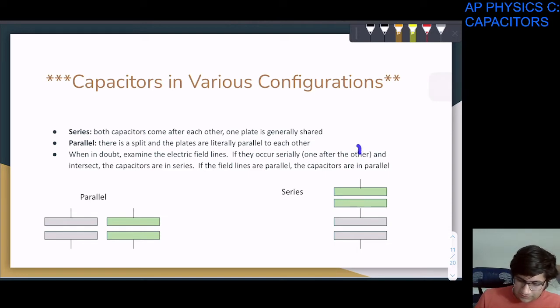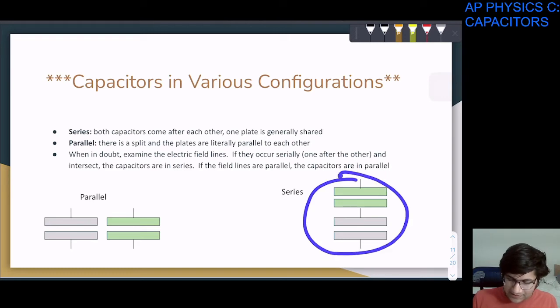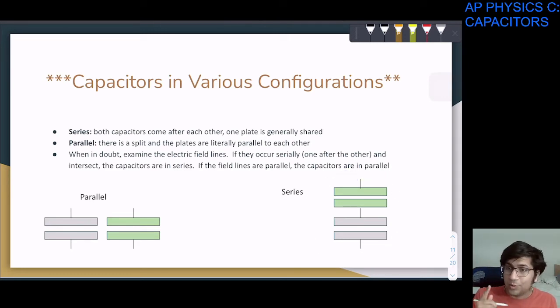If we were to have a current, which we'll define soon, going through, it'll go through the first capacitor and then the second capacitor in series. But for our purposes here, what we're looking to do is, given this series configuration, how can we replace this with one equivalent capacitor that has the same capacitance as both of these in series?